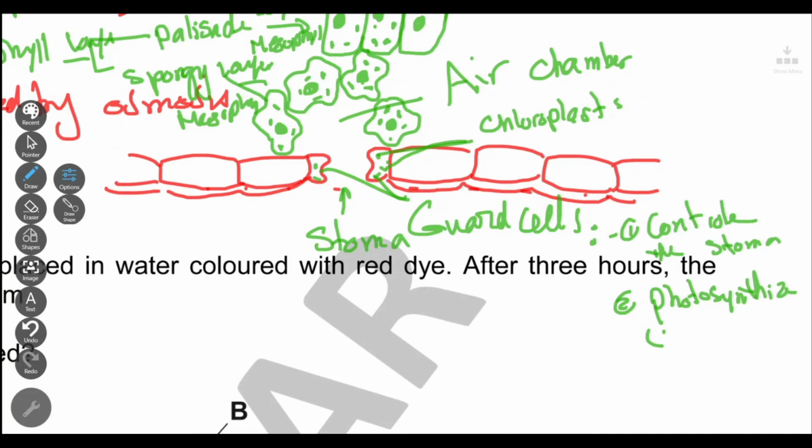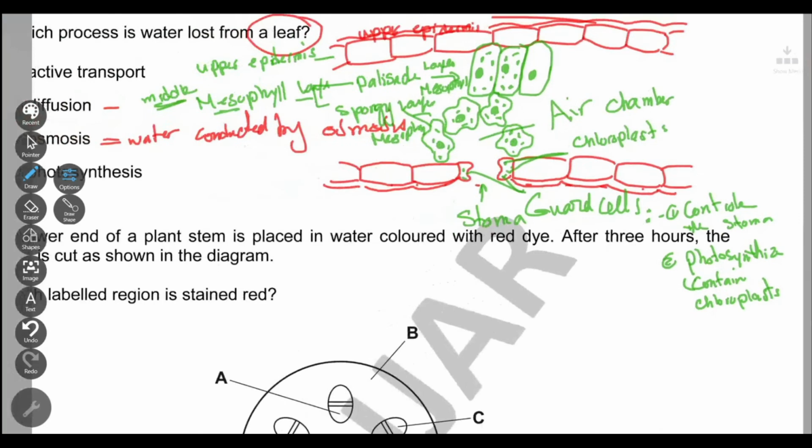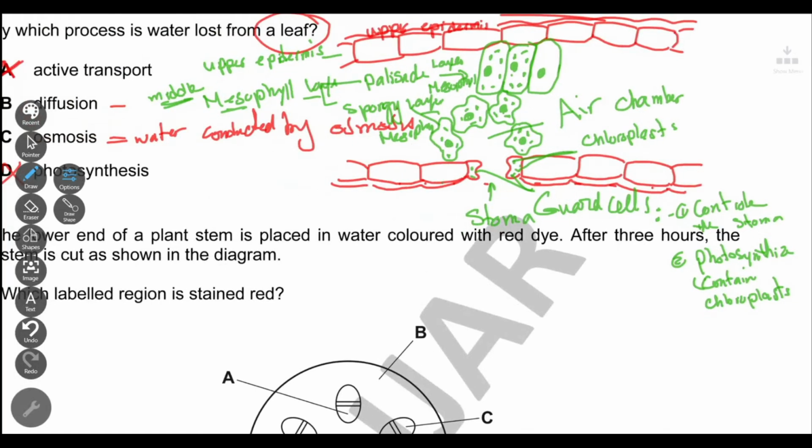Because they contain chloroplasts. So, as they have chloroplasts, they are photosynthesizing. And here this is the lower epidermis. And this is the cuticle, the waxy layer that we just talked about.